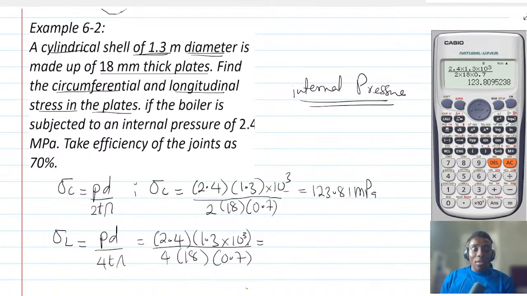Whatever we have here will be halved. So 61.90 megapascal.